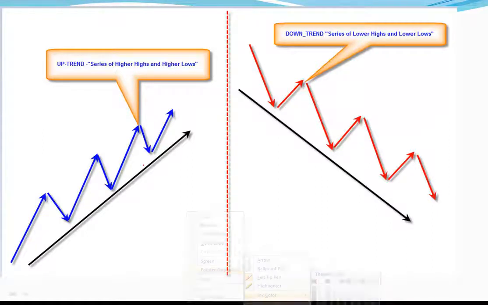What about that color? There we go. So here we go. So you have your low, you have your high, and then you have your higher low. This right here is called a retracement, or it's called a pullback. PB, pullback.